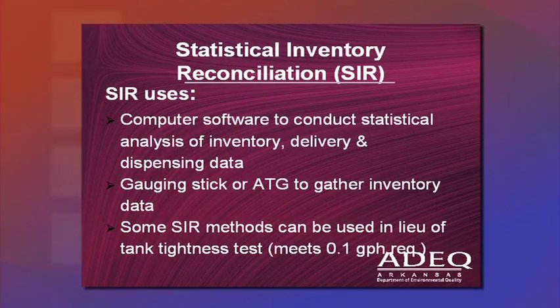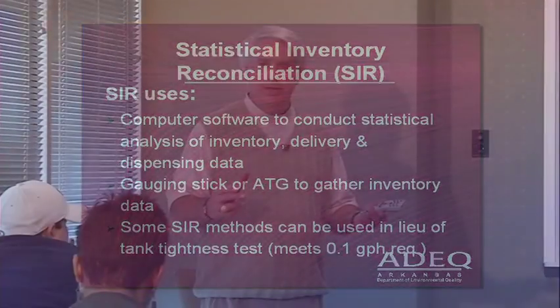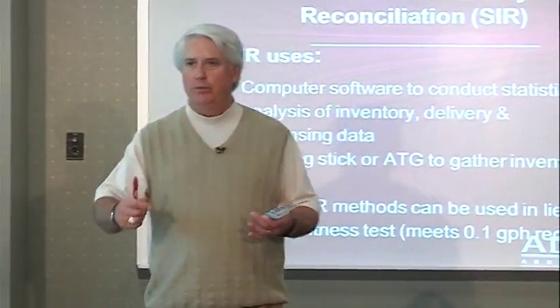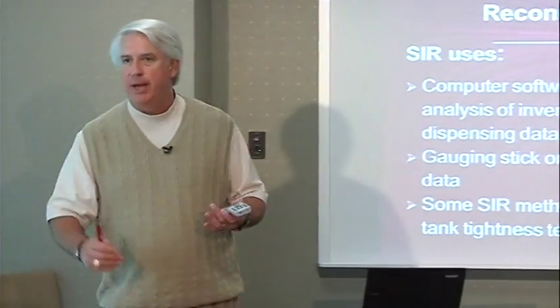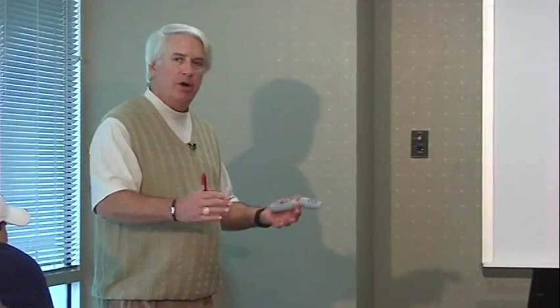All right, now the third method of monthly release detection is statistical inventory reconciliation. Now this is basically inventory control again, except with this inventory control, the raw data that you're using whenever you're sticking your tank on a daily basis, you're going to take this raw data and put it into a computer program.